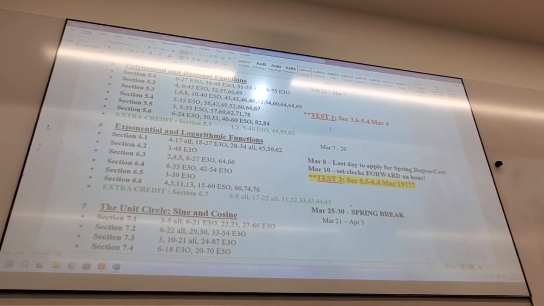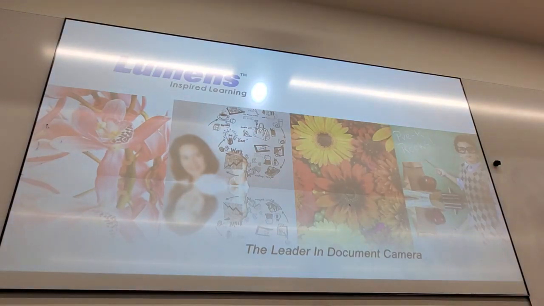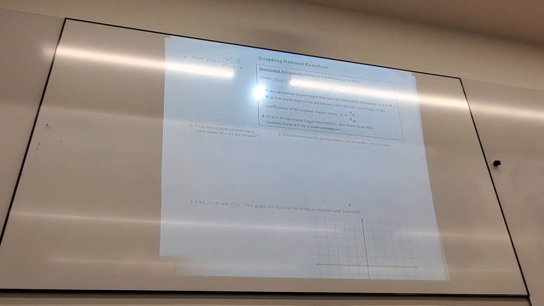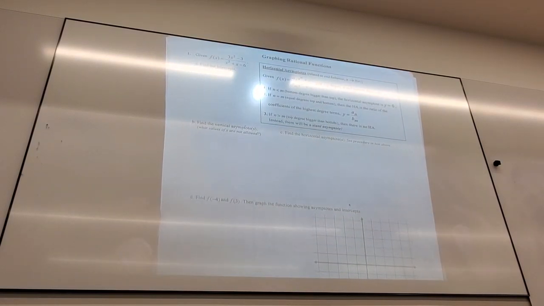I'm pretty sure I gave this out, but I don't know if we finished this. I think we did. Let me show you this. The one that's got the little box about the horizontal asymptotes. Did anybody not get this, that you can easily make out what it is? There it is. Okay. Anybody need this sheet?